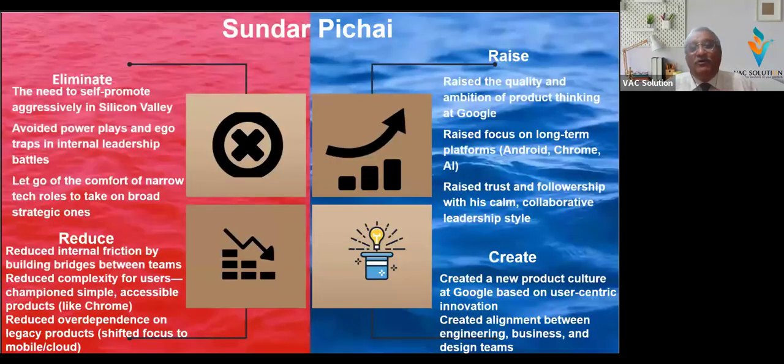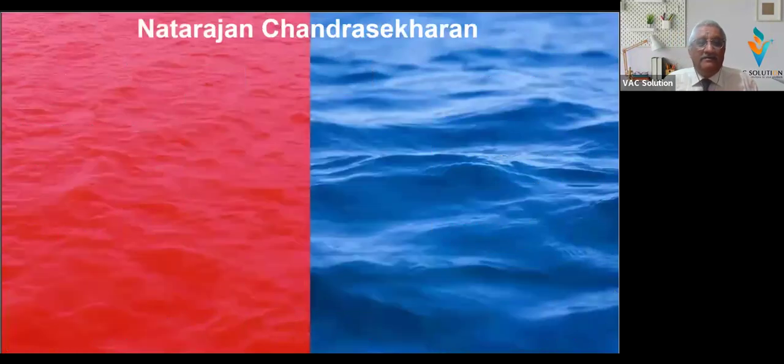Now let us see one more person. And this is also a very shocking thing, huh? Very shocking thing. Natarajan Chandrasekaran.